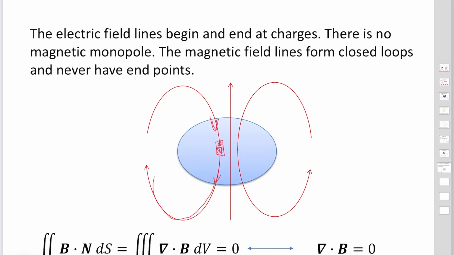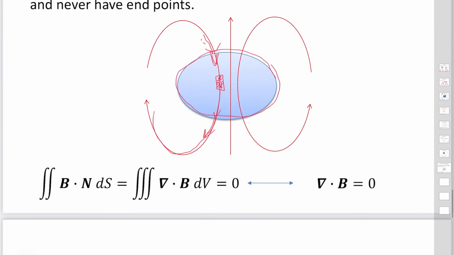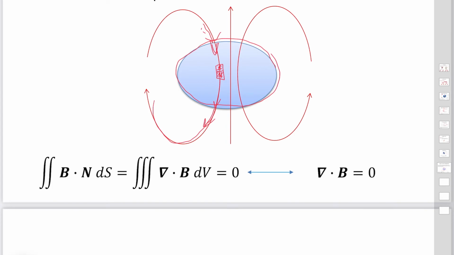If you consider any closed surface, in this case the blue figure, the outward flux and the inward flux should always cancel out. So if you consider the surface integral of the magnetic field, it becomes 0. From here, you can use Gauss's theorem using the del operator. The del dot B equals 0.